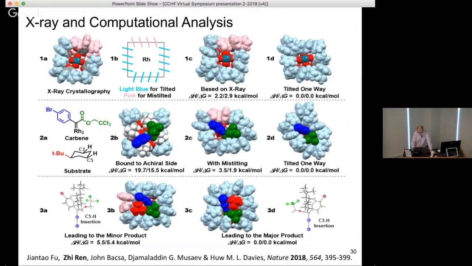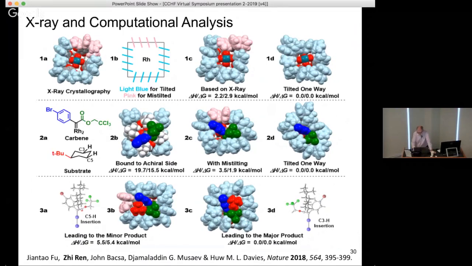Now, because it's C4, it's got two possible faces to it. Now, the face with the t-butyl groups on the back is really sterically demanding. That's the structure 2B. And so what we find is when it's coming in from the front, that this is, again, preferred with all the tilts going one way.